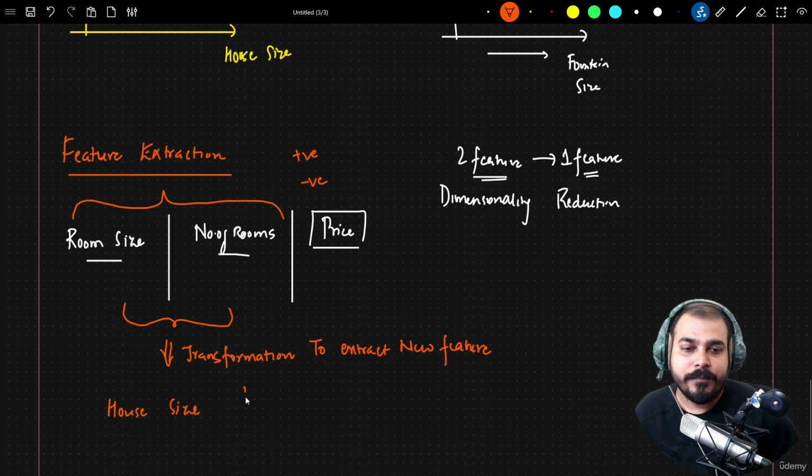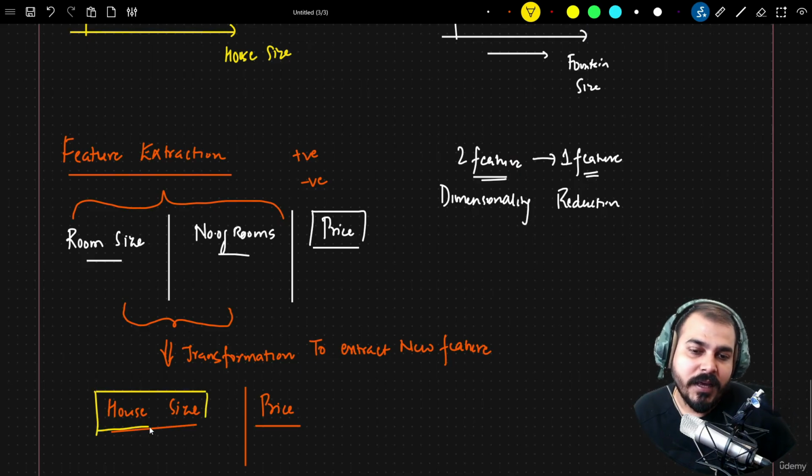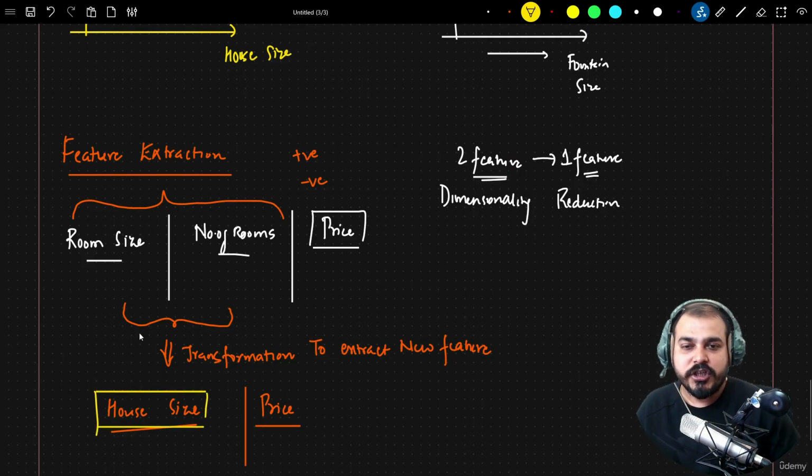I'm just giving it as an example. And my output feature is called price. Now, instead of using these two features, room size and number of rooms, if I get to know the information of the house size, then also I will be able to predict the price. So in short, from these two features, I am trying to derive or extract a new feature, which is called house size.